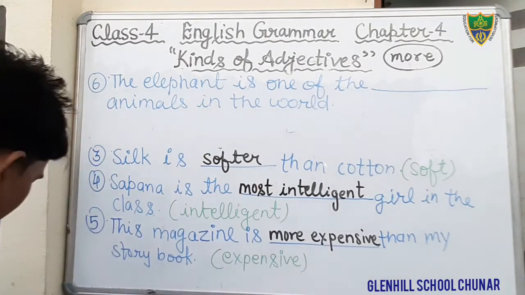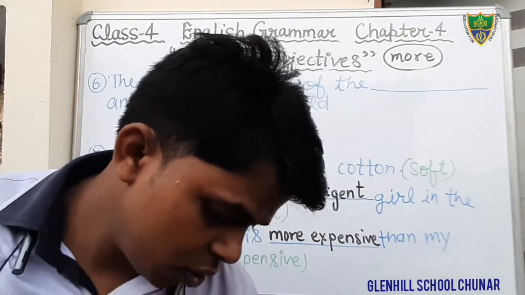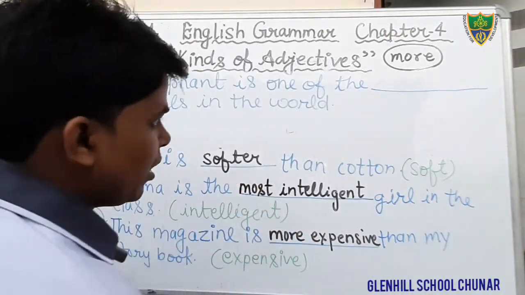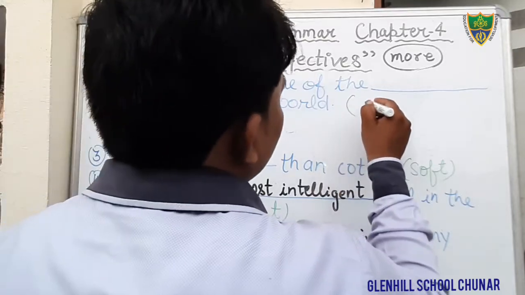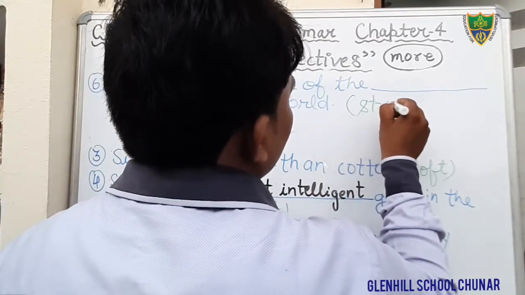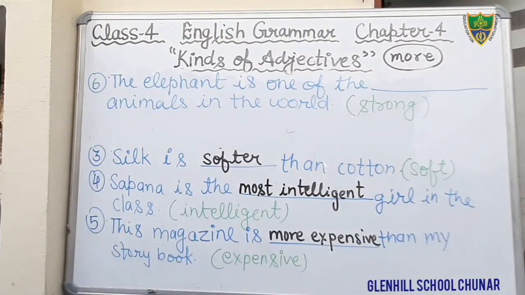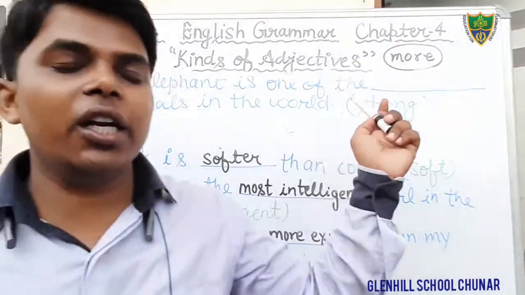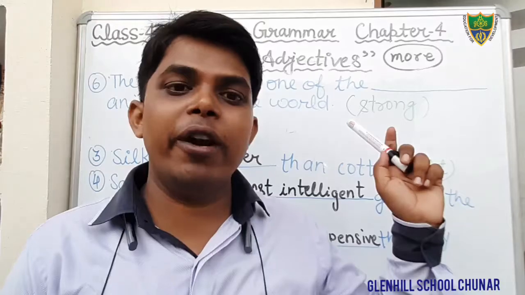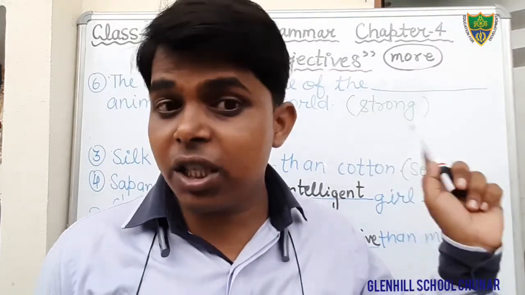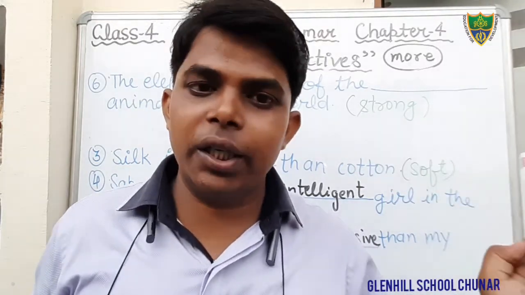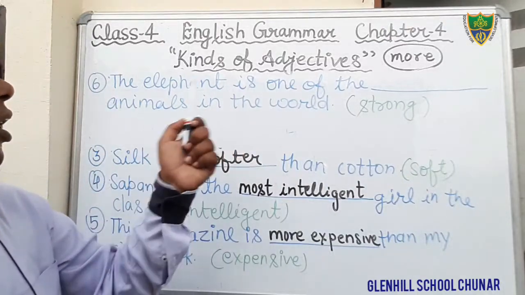What is given in the blank? Strong. In the box it is given strong. Just see here. "One of the", we are getting here the article "the", and when do we use the article "the"? In which degree? In the superlative degree.